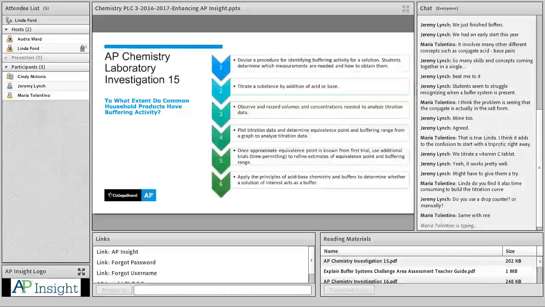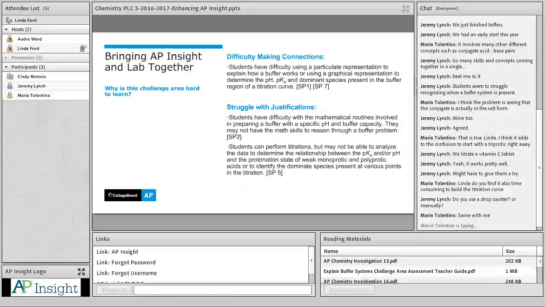All right. But I think we'll move on a little bit to talk about a buffer lab and see what we like to do. So before we get quite there, here's a slide that talks a little bit about the difficulty for kids to make these connections. And again, there's a lot going on in the aqueous solution.